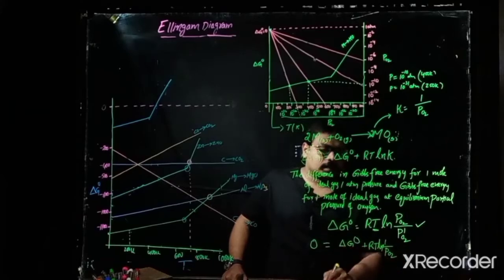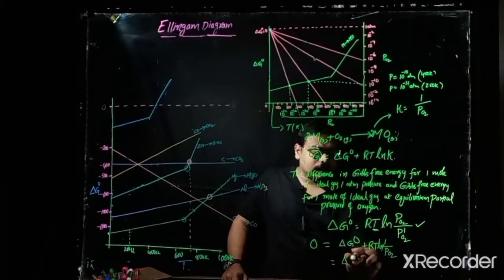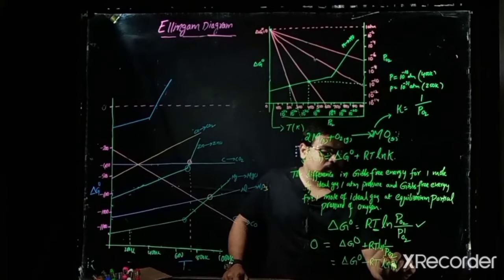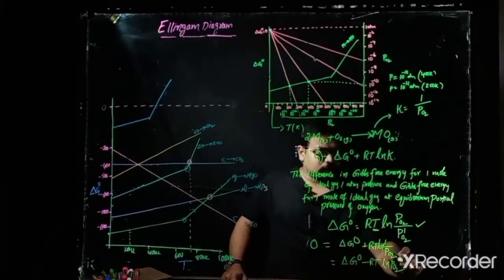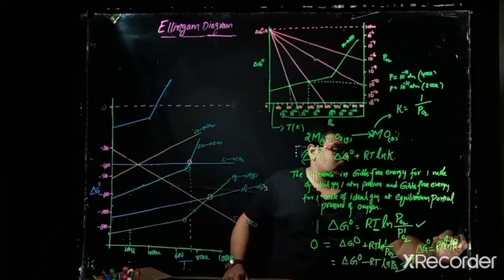If you rearrange, we get delta G naught minus RT ln partial pressure of oxygen. So we get the formula delta G naught is equal to RT ln partial pressure of oxygen.